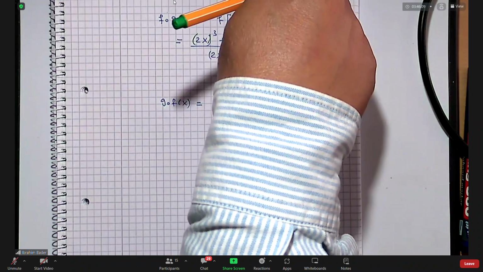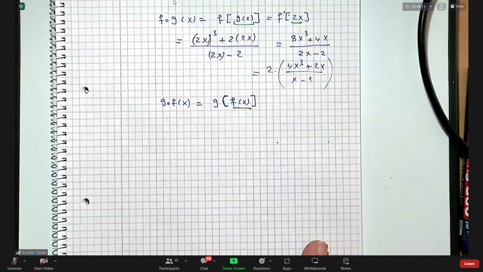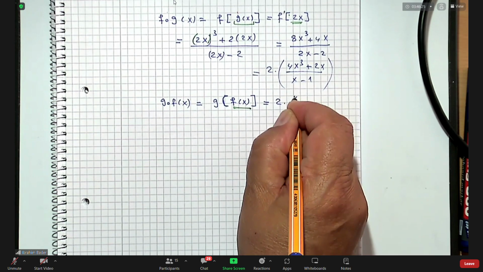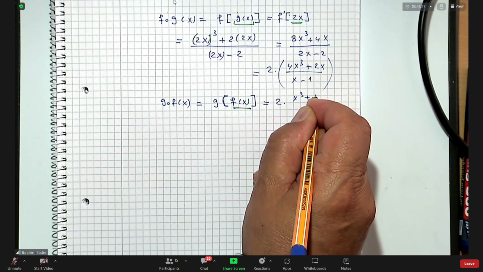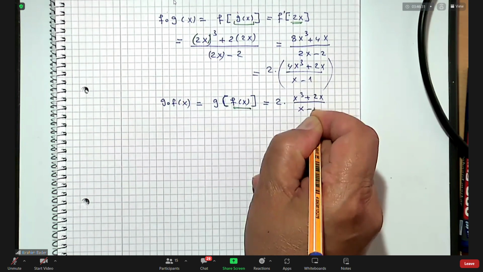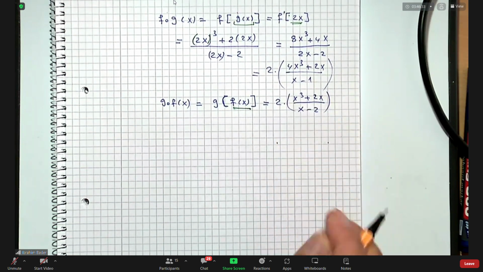Correct? What did you get? By 2, exactly. So this is 2 times x cubed plus 2x over x minus 2. Is it the same? No.